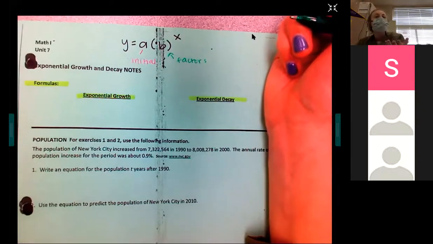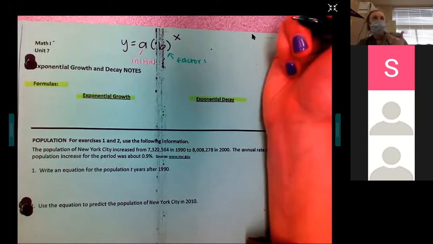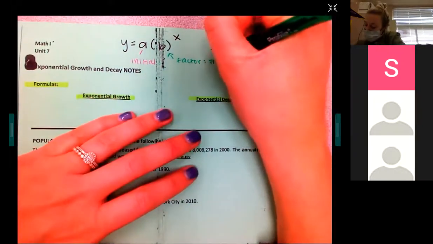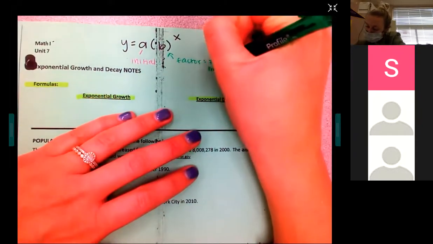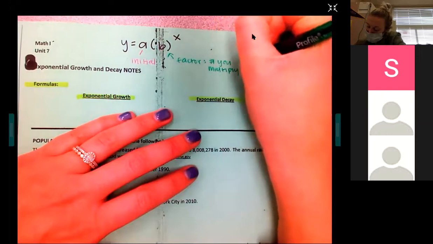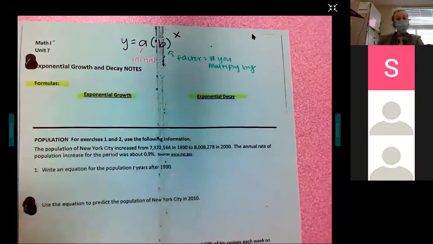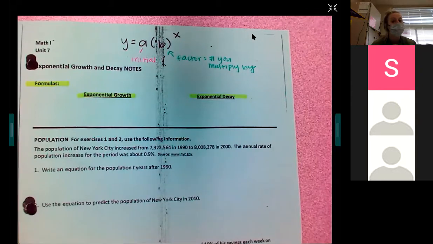If I asked you for factors of 12, you would tell me like 4 times 3, right? Or 6 times 2. So those are numbers you multiply. So the factor is just the number you multiply by. You have to remember that to be able to do growth and decay. You have to remember y equals a times b to the x. Okay?